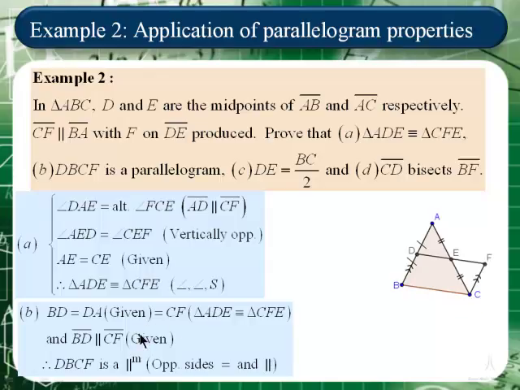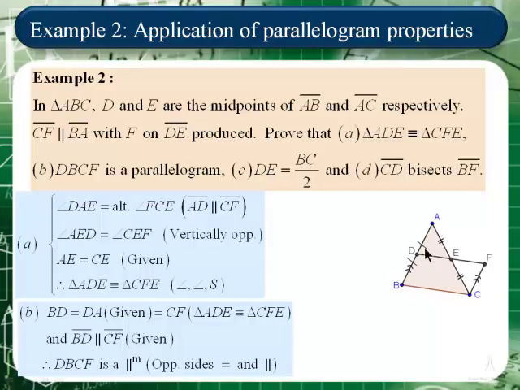So therefore we have proved what we want to do, because in addition it was given that BD is parallel to CF. So therefore BDCF is a parallelogram for the simple reason that opposite sides are not only parallel but also equal to each other.